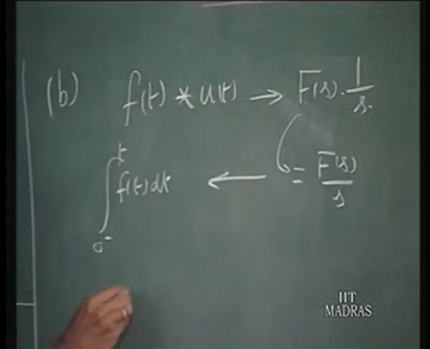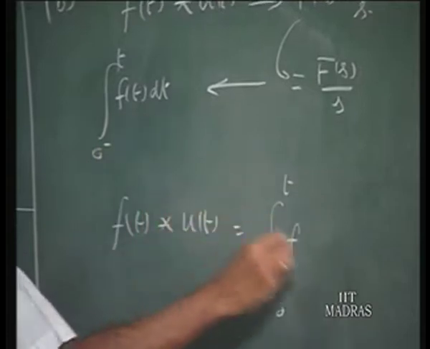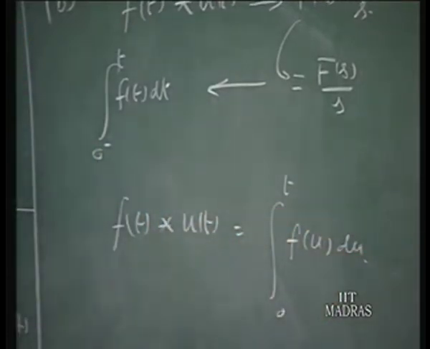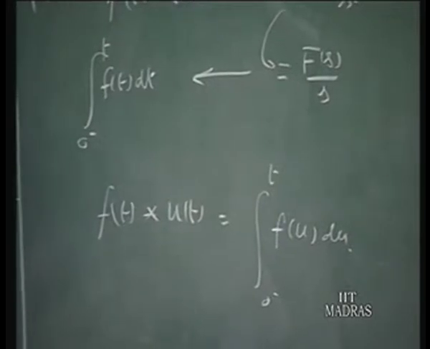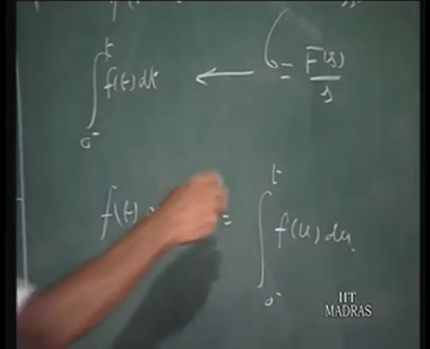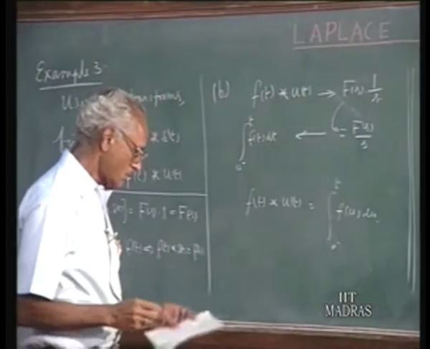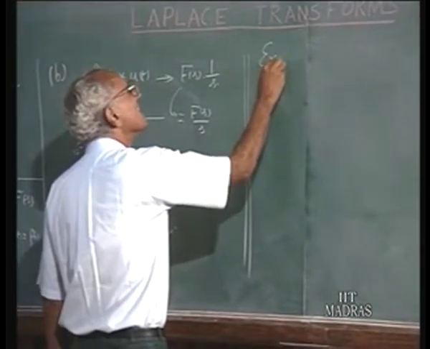Therefore, we conclude that f(t) star u(t) is the integral from 0 to t of f(u) du, because after all this is a dummy variable, the integral of f(t), assuming that f(t) is a causal time function, and therefore we start the limit of integration from 0 minus onwards. These results are already known, but this is only a confirmation of results that we already derived in an earlier context. Example 4.